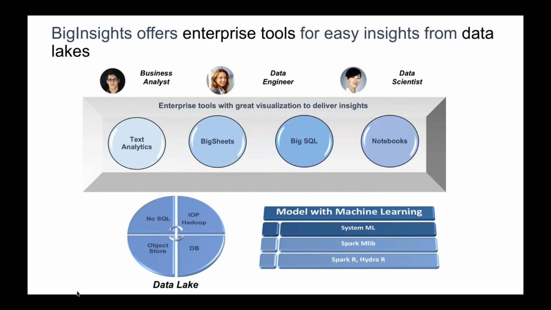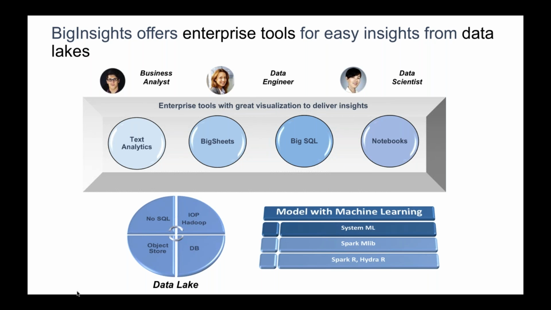Surrounding our open source distribution, which we call IBM Open Platform, the BigInsights portfolio offers a bunch of tools for our customers to get insights from the data lakes. We have text analytics, which helps to look at the unstructured data and extract patterns from it.